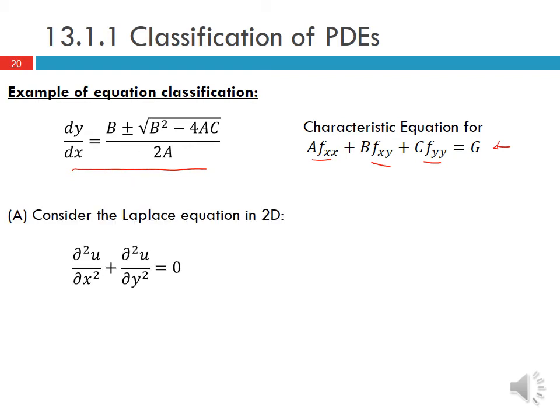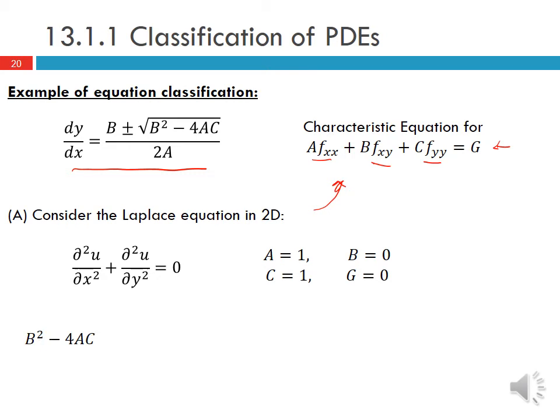So let's first consider the 2D Laplace equation. Comparing to our general PDE, if we set A equal to 1, B equal to 0, C equal to 1, and G equal to 0, then we get the 2D Laplace equation.